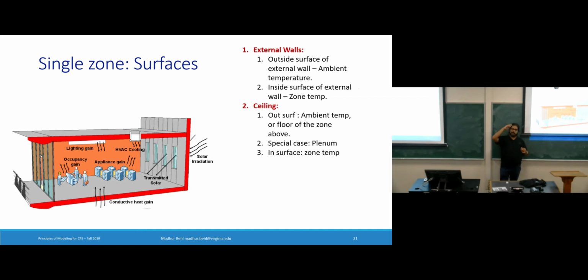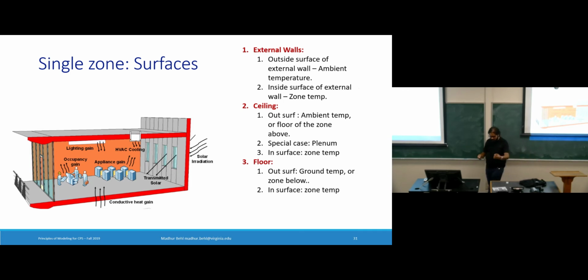In our case, the ceiling is being driven by the temperature of the floor above us. That's the boundary condition for the ceiling. The boundary condition, likewise, for the floor is maybe the ground temperature of this building. And we can use that as the boundary condition to drive our conduction model for each of these surfaces. And then for a surface such as the one on the left or behind you, the outside condition is other zones.